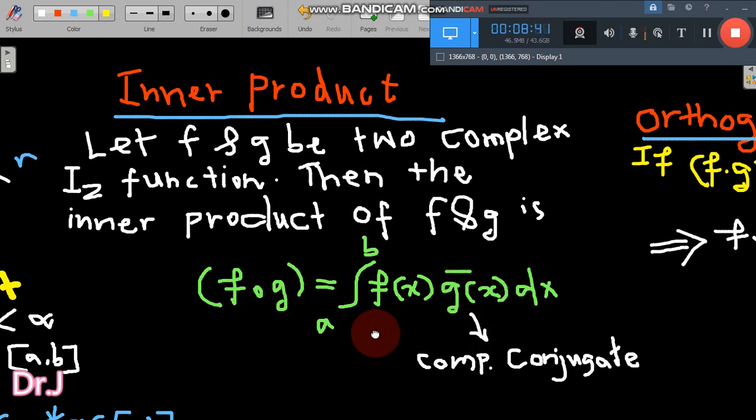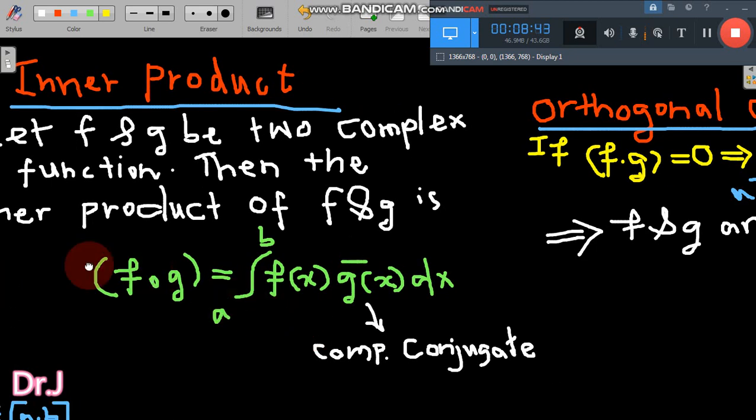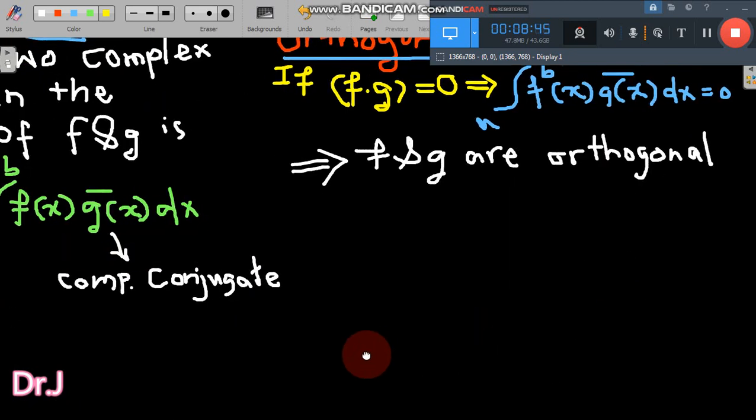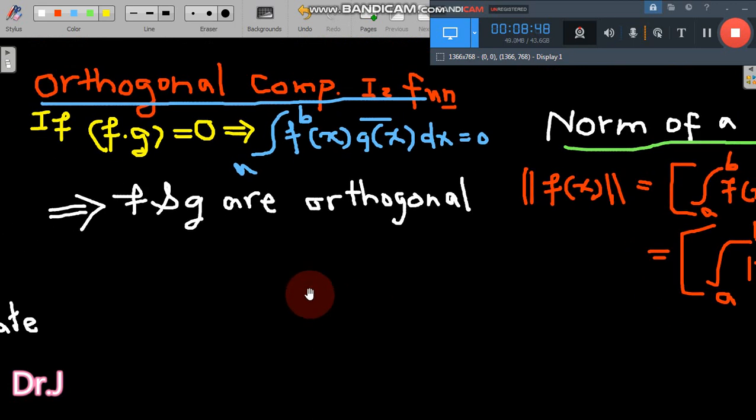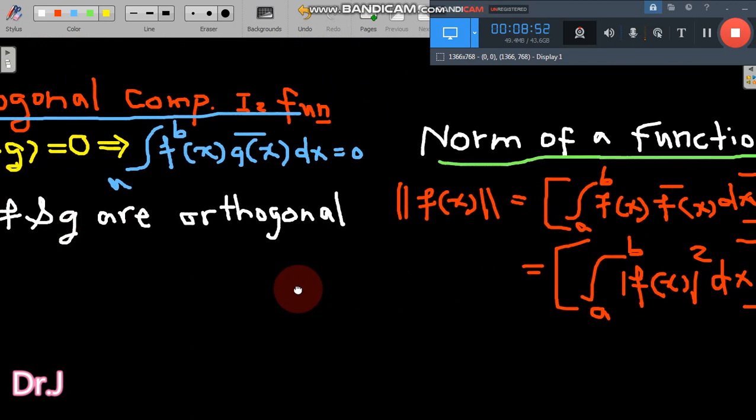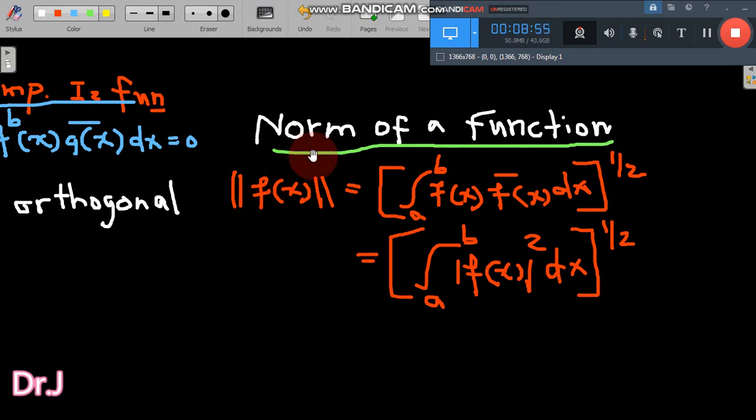Then orthogonal: if the inner product equals 0, it is called orthogonal. And last, the norm of a function: we take the integration of f of x times f bar of x dx, take its square root, and that is called the norm of a function.